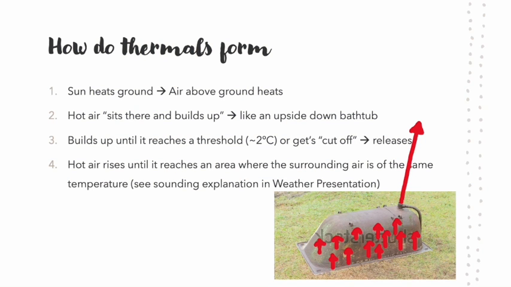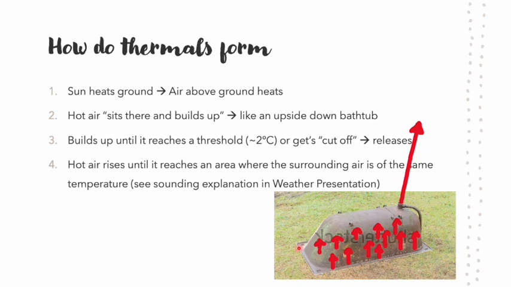So the first big general idea is how do thermals form. I suppose everybody gets this, but I'd like to give you how I visualize it. There's been a number of different ways that you can imagine this, but this is the one that I use. I look at a field, for instance, that generates heat as an upside down bathtub, as this picture here shows.